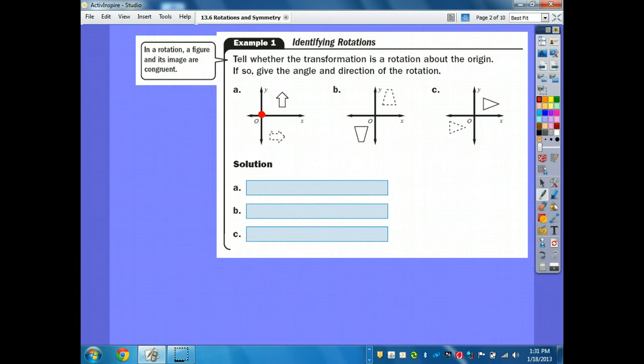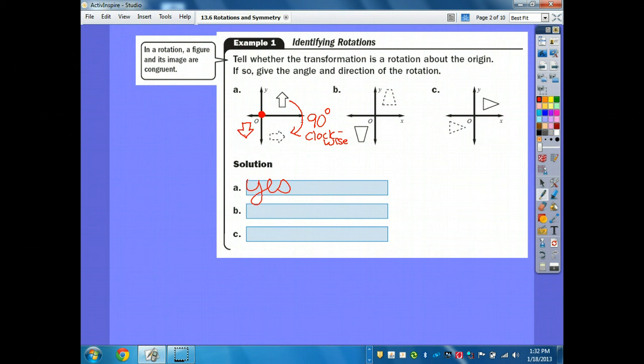Yes, it would. And this is 90 degrees from here to here. It would be 90 degrees which way? Clockwise. Then if I went 180, it would look like this if we were to rotate it.